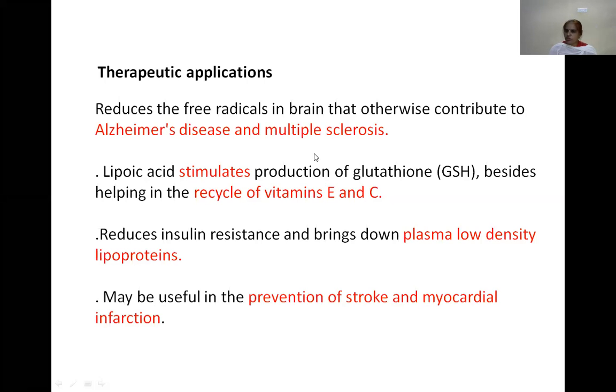It stimulates the production of glutathione and helps recycle vitamin E and vitamin C. It reduces insulin resistance and decreases plasma low density lipoproteins. It is also useful for the prevention of stroke and myocardial infarction.